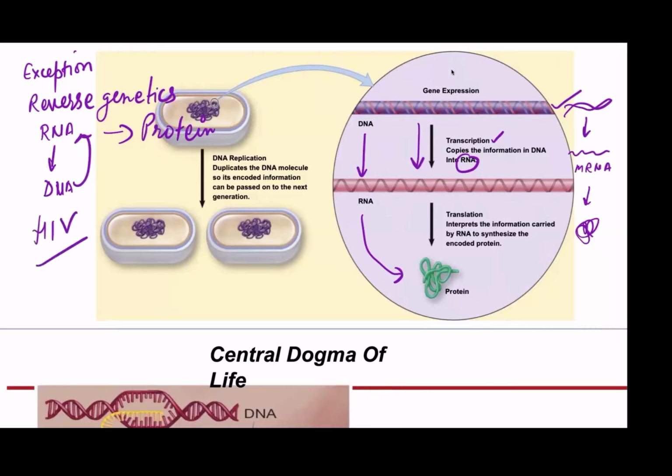The HIV virus is also an example; we also call it an RT virus. At some point, we did discuss in chapter 20 that HIV is an RNA virus. When it integrates its DNA, it has the enzyme reverse transcriptase that can actually make DNA from RNA, right? That's why we call it reverse genetics.